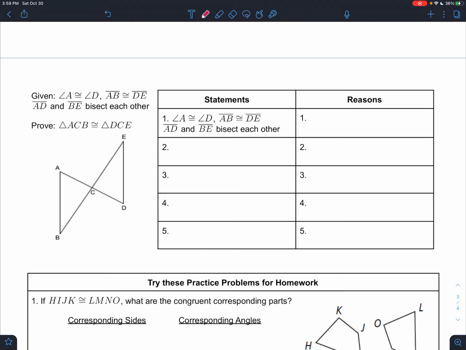Okay. And then this last one here. So angle A and D match up. AB and DE match up. And, oh, here we go. We got bisect going on. So that's the first thing that will probably boil down in our proof: what does bisect mean and what can we draw because of that?